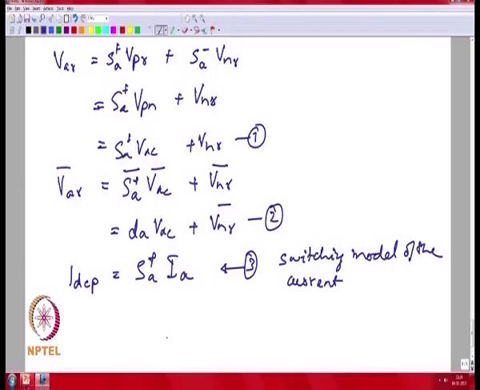For example, this type of model you may not be able to average when your IA output frequency is getting very close to your switching frequency, but for sufficiently large difference between your fundamental frequency and switching frequency, we could go ahead and take the average, and we have IDC average is equal to dA times IA.